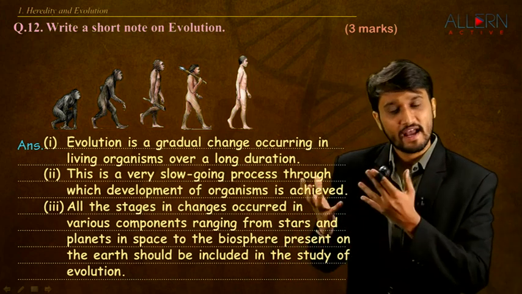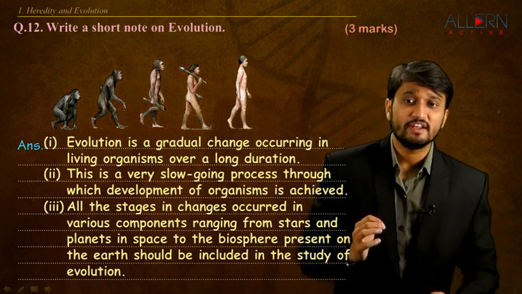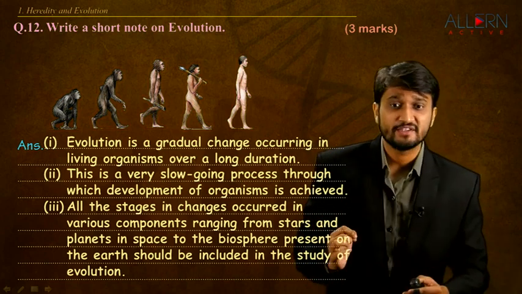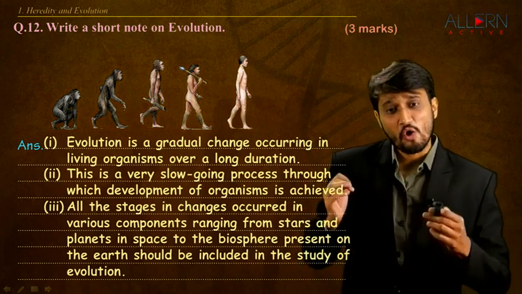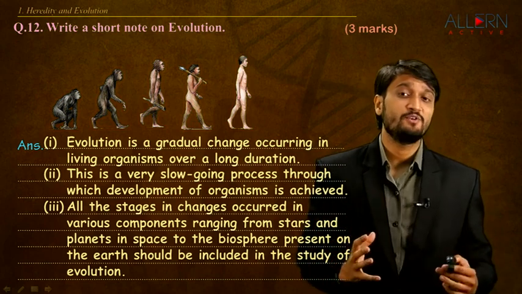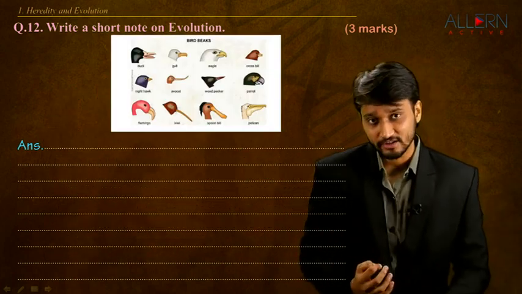So we have to take account of them in evolution. All the stages of change in the various components, ranging from stars and planets in space to the biosphere present on this earth, should be included in the study of evolution. We cannot study evolution if we do not include all these different changes that have happened on our earth, right?